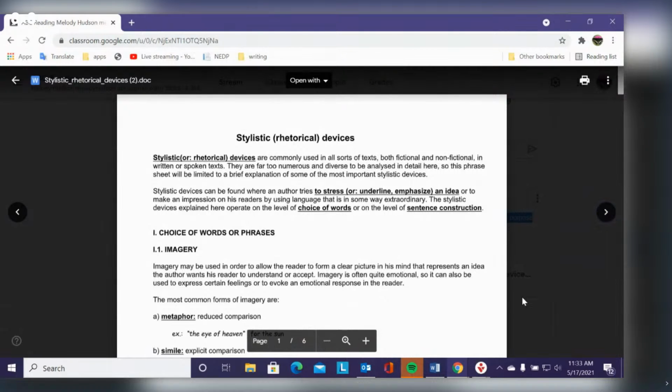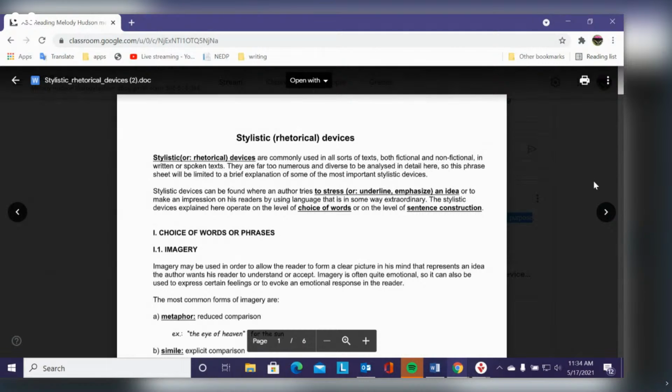Stylistic or rhetorical devices are commonly used in all kinds of texts, fiction and nonfiction, in written or spoken texts. There are so many of them, far too numerous and diverse to be analyzed in detail. So this sheet is just going to give you an explanation of some of the most important ones.